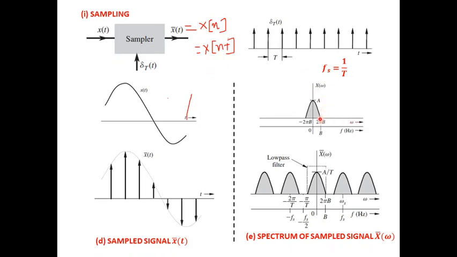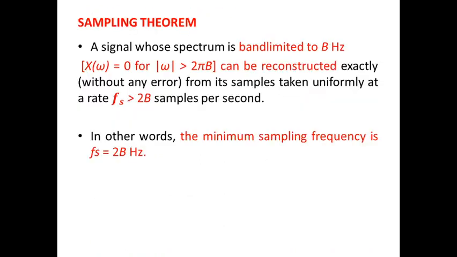For omega greater than 2 pi B and again lesser than minus 2 pi B, x of omega is 0. Only from minus 2 pi B to plus 2 pi B do we have a value of the spectrum. So this is what is illustrated over here.